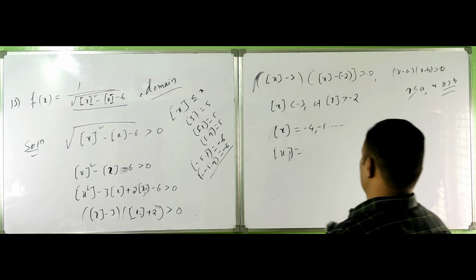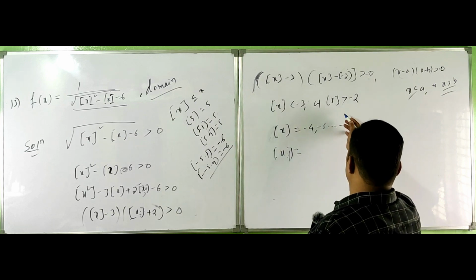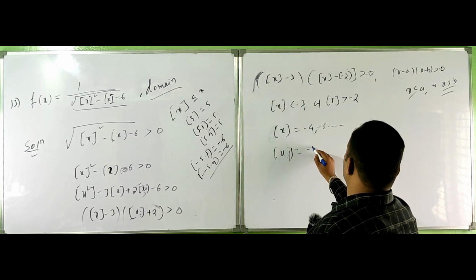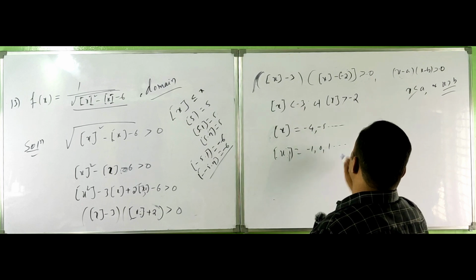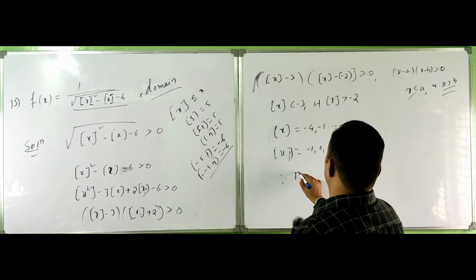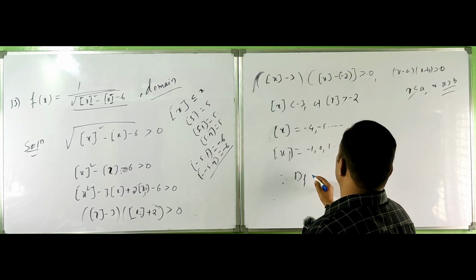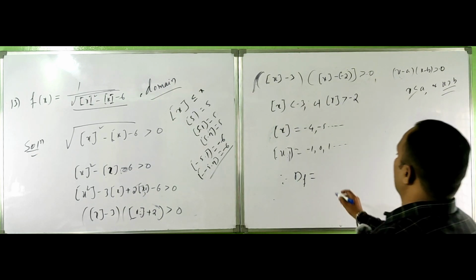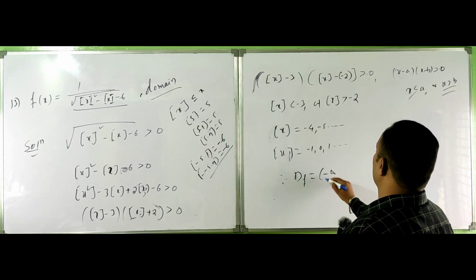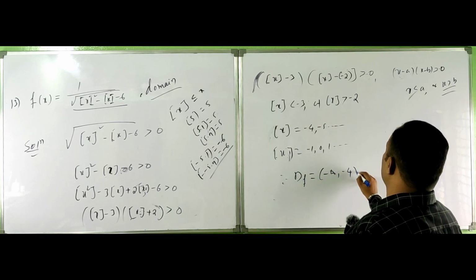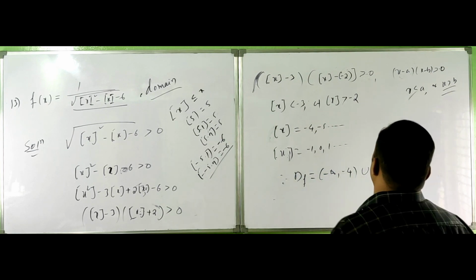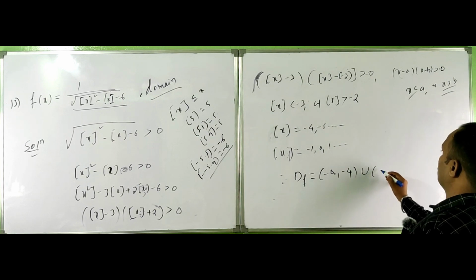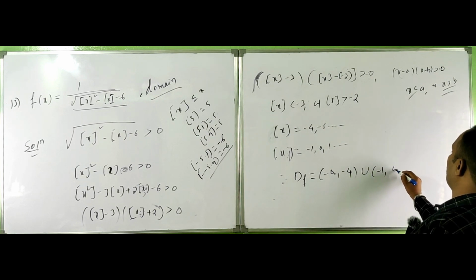Greater than minus 2 means minus 1, 0, 1 up to infinite. Therefore, the domain of f is minus infinity to minus 4 union minus 1 to infinity.